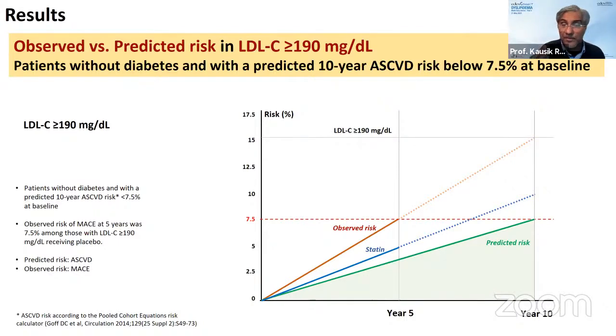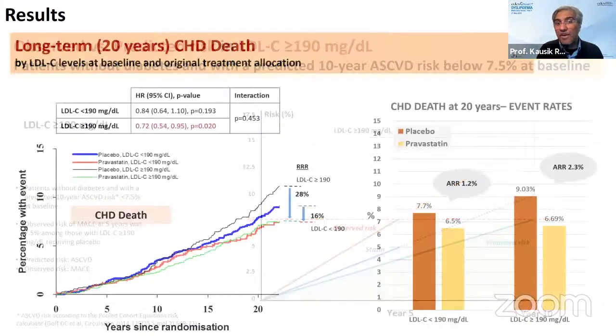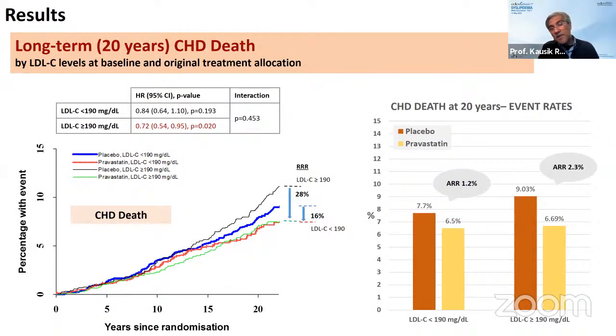Now, remember in WOSCOPS, they used a fairly weak statin, pravastatin 40. And people have argued that there's not much benefit in mortality, but you need to do these trials for long enough to follow up these benefits. In primary prevention, your risk of dying is actually quite low over 5 years. So to look at the benefits of treatment, you actually have to follow people up for much, much longer.